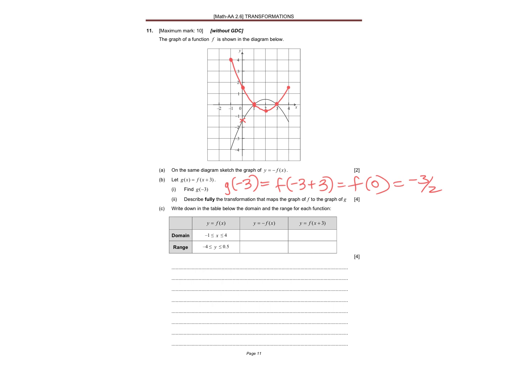Describe fully the transformation that maps the graph of f to the graph of g. So it's just a translation, a shift to the left 3.